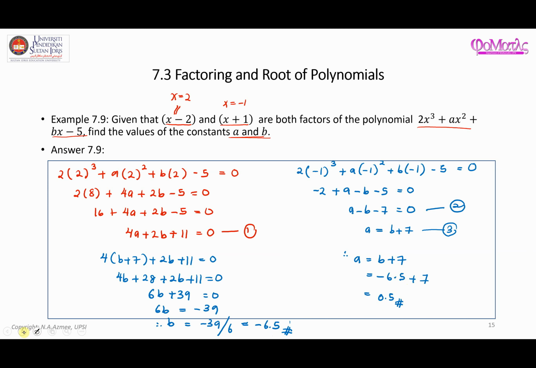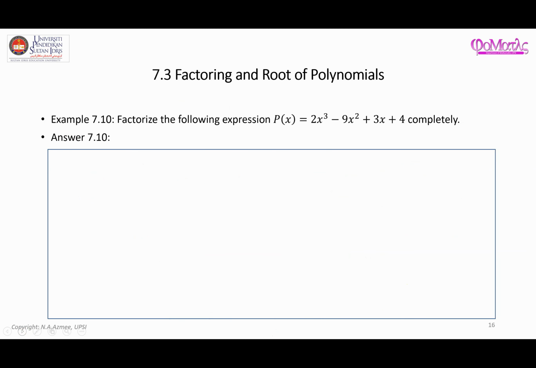Alright, next, factorize the following expression completely. In this case, we actually need to find our own factor to start with, and usually we can choose a simple factor.